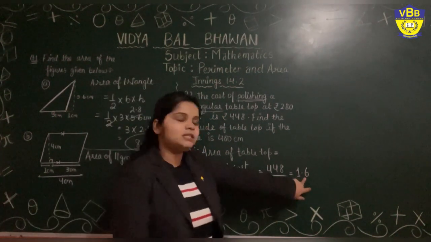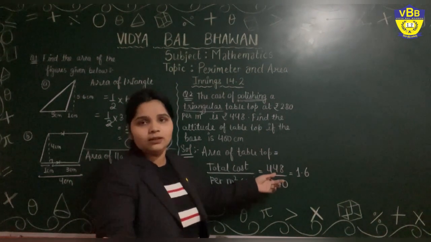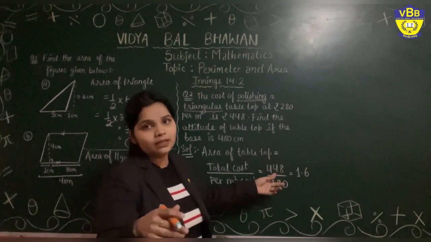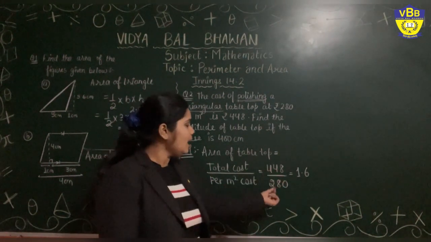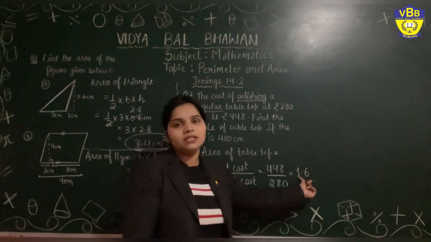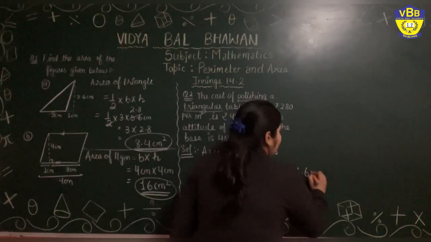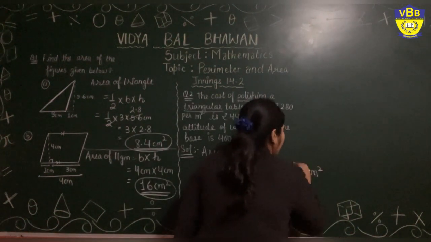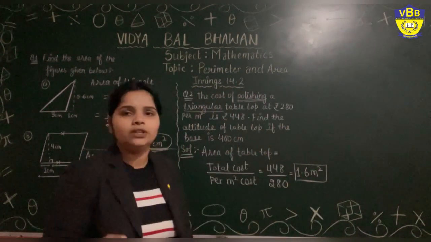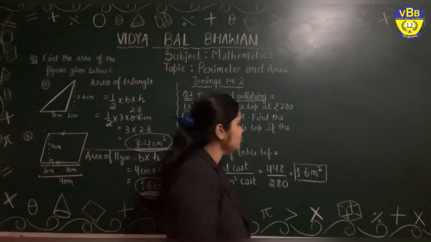This 1.6 means that if I am paying this much money to the shopkeeper to polish my triangular tabletop, and the cost for 1 meter square is this much, then this is the total area of the tabletop. That means 1.6 meter square is the area of the table which has to be polished. Fine.